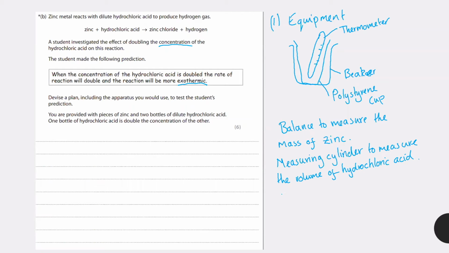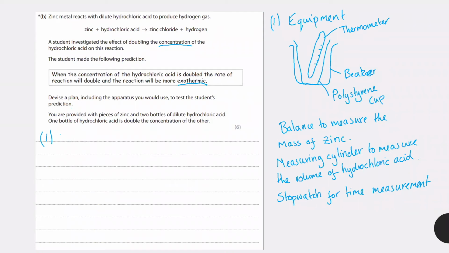We need a stopwatch for the time. There's a lot more to this than the first thing, isn't there? Quite a 6-mark question. Now we can start writing a method.